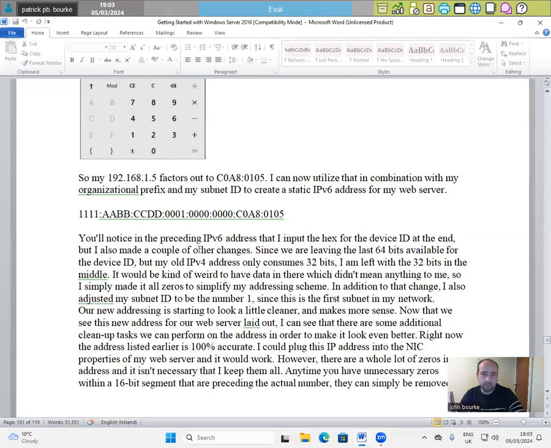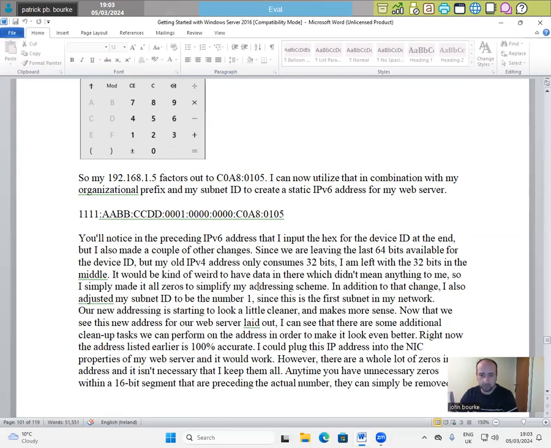You'll notice in the preceding IPv6 address that I input the hex for the device ID at the end, but I also made a couple of other changes. Since we are leaving the last 64 bits available for the device ID, but my old IPv4 address only consumes 32 bits, I am left with 32 bits in the middle.